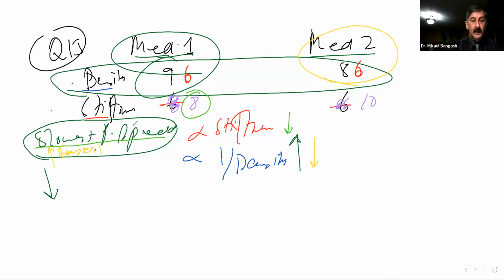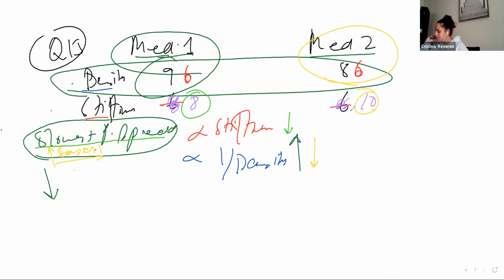If they ask for the fastest speed, then it would be 10 because of the greater stiffness. Did you guys get that? Yes. So it's all just a matter of relations.